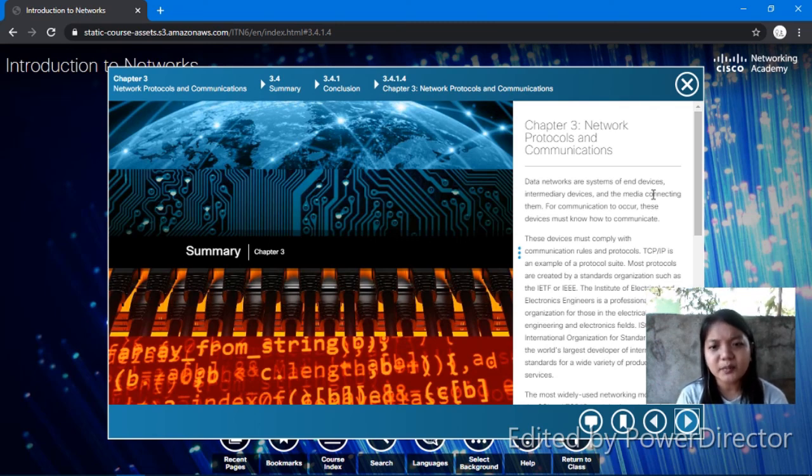Intermediary devices are routers and wireless routers. For communication to occur, these devices must know how to communicate. As I said a while ago, there needs to be a rule for them to easily communicate with each other.